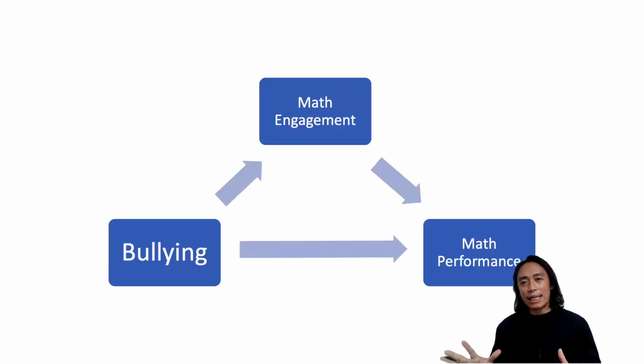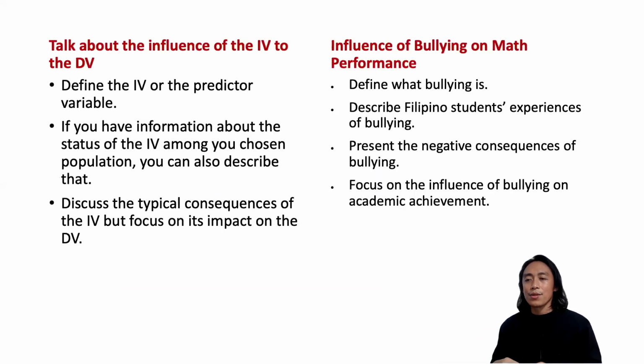Normally, given the layout of this model, students will begin to talk about bullying and then perhaps math performance and then math engagement. But as you notice, I did not start discussing the IV. I started discussing the outcome variable or the DV instead. So in the example, the next section will be labeled as influence of bullying on math performance.